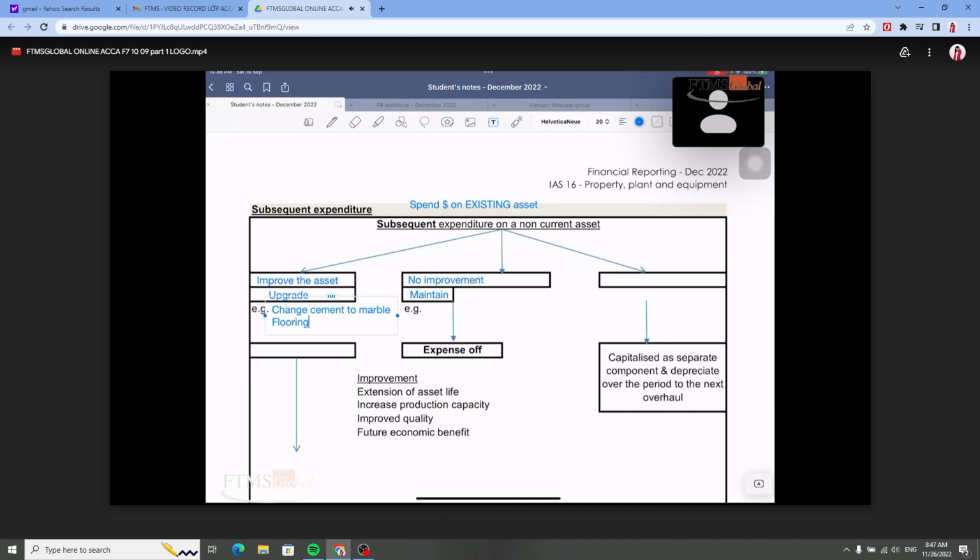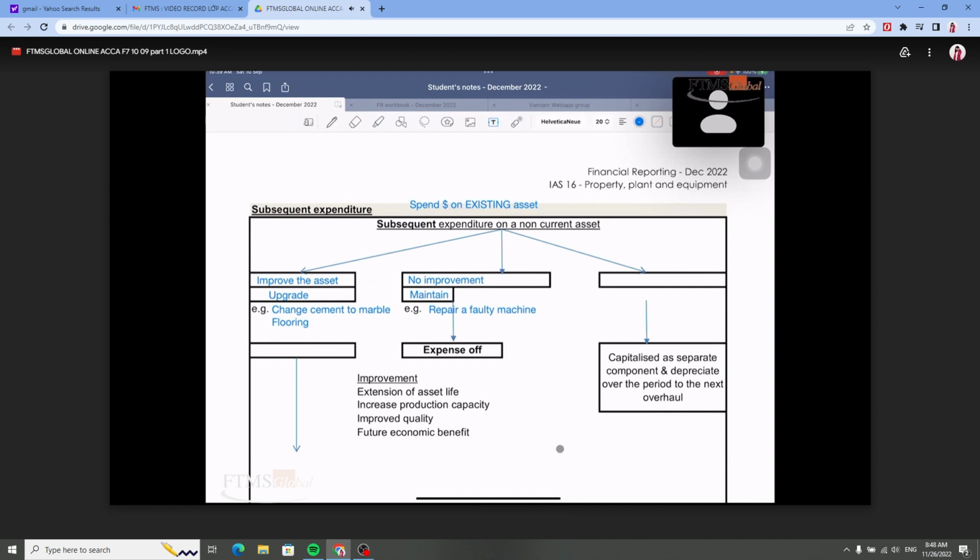Then an example of no improvement is to repair a faulty machine. Repair a faulty machine, right?